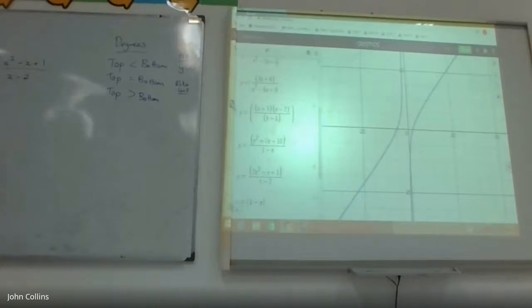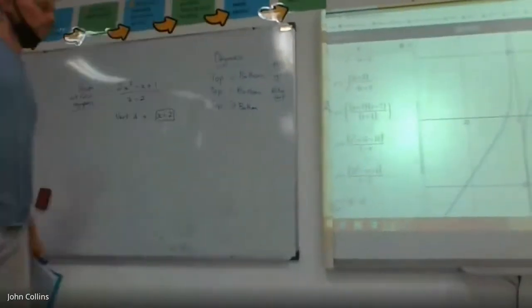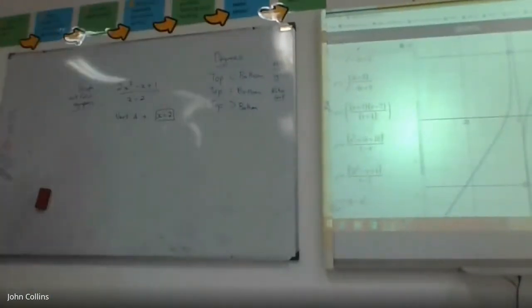The vertical asymptote isn't a problem. Easy. How do I find a diagonal, an oblique asymptote?